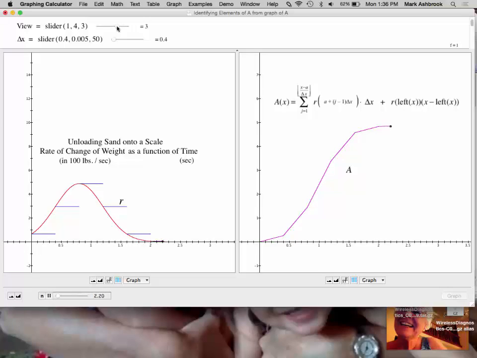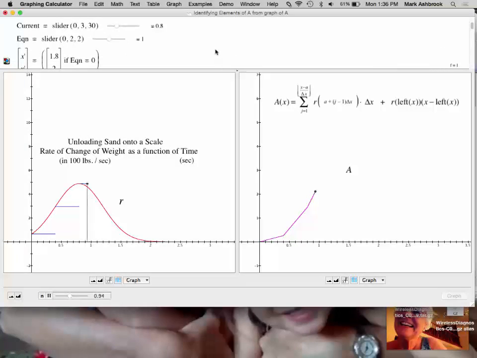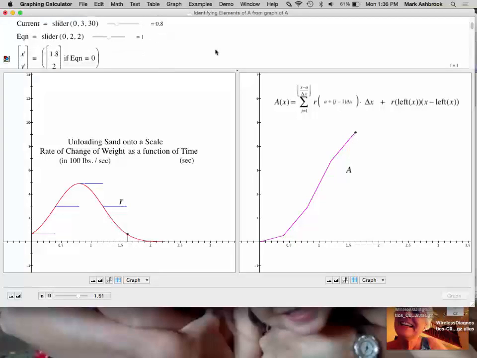Okay, so now I have some questions similar to last time. I'm going to ask some questions about what you see over here on the right. But now, instead of focusing on the independent variable, we're going to focus on the accumulation function.